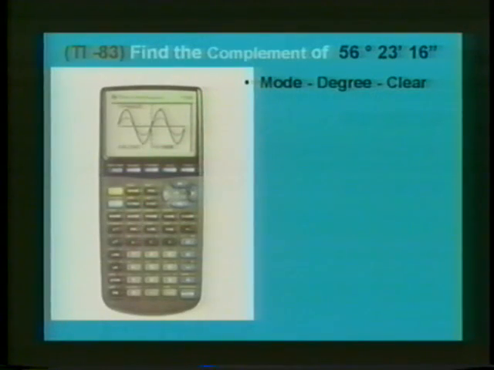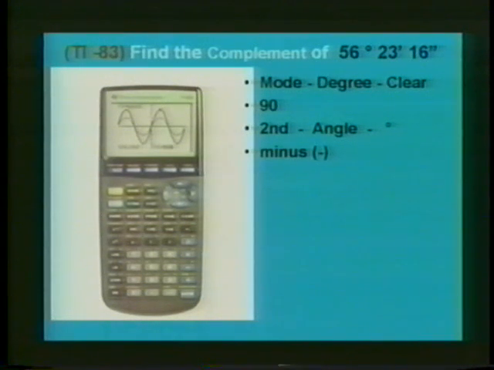Let's go back to the full screen, and we can see the way to do this. Remember what we did. You try it with your calculator. You went into mode and made sure you were in degree mode by cursoring down and then clearing out. Then you hit 90, and you had to put degrees. So you went second, angle, degrees. And as soon as you did the 1 or the enter, it came out.